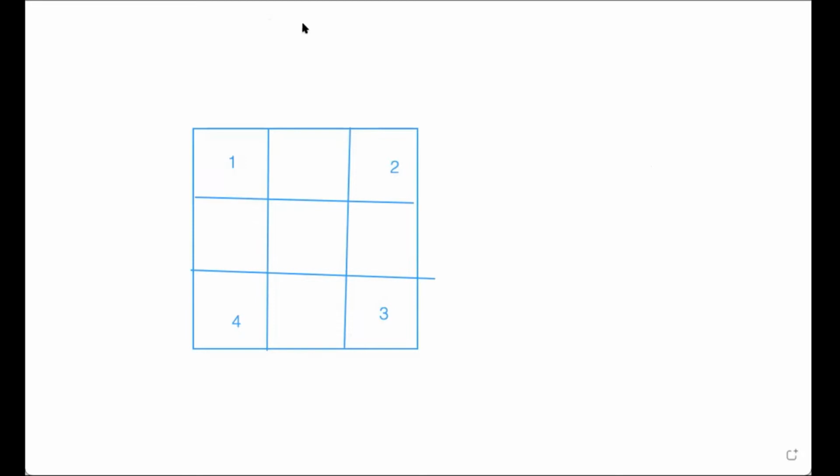If we put 5 here, and all the surrounding numbers sum to 13, that means that 1 plus 4 plus whatever is in the center box is equal to 13. So this must be 8.